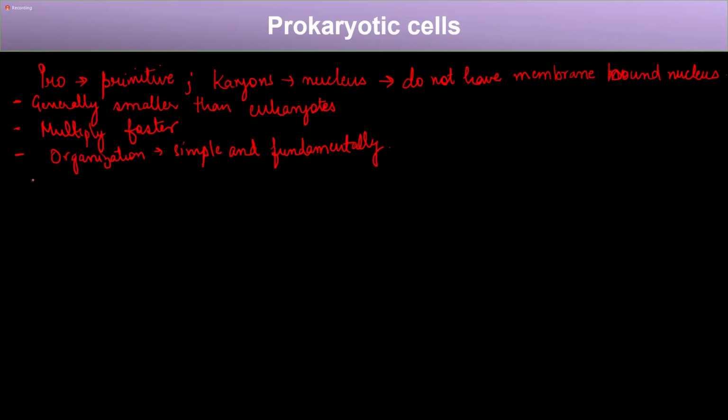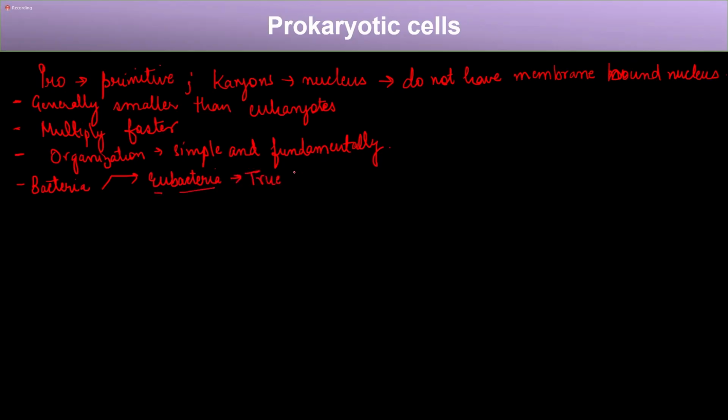If we talk about examples of prokaryotic cells, it mainly consists of bacteria. Now, these bacteria can be of two types. The first is eubacteria. As the name suggests, it has two terms, eu and bacteria, and the term eu means true.